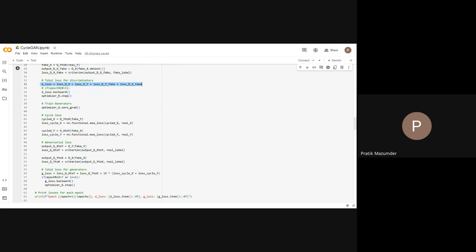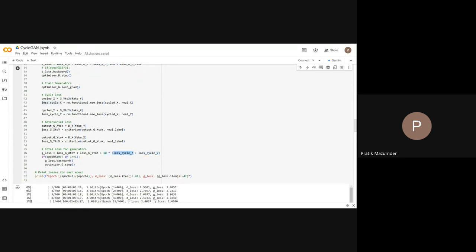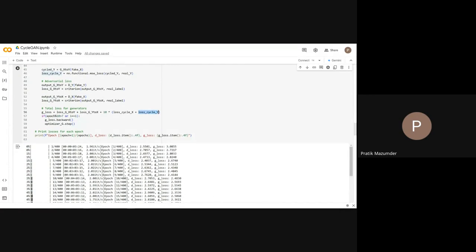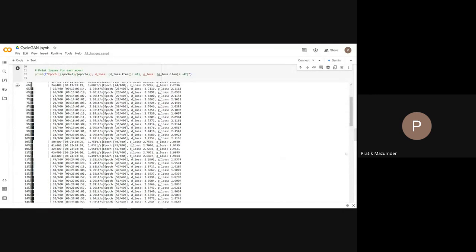But on top of that, we also add the cyclic losses, which is basically you take an image of x, you move to the y domain, and you come back to your x domain, and you see the reconstruction loss. The same thing we can do for y as well. And finally, when you have all of these losses, you optimize this particular setup.